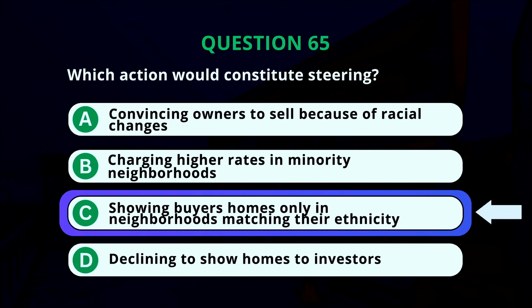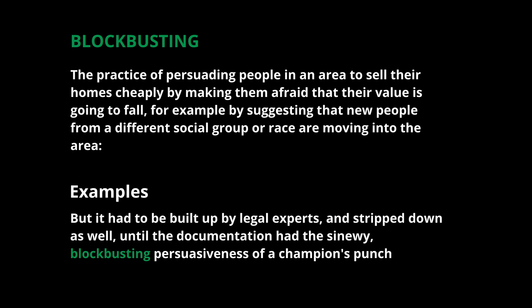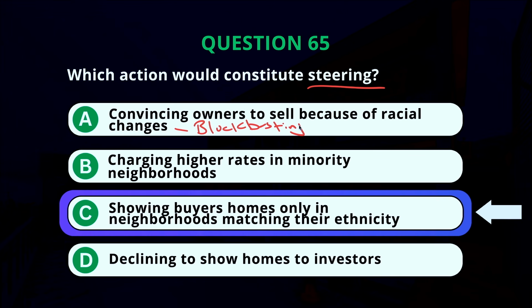So letter A, convincing owners to sell because of racial changes, is block busting. The question is asking us about steering, and this is block busting, an illegal practice. Letter B, charging higher rates in minority neighborhoods, would be a violation of the Community Redevelopment Acts.